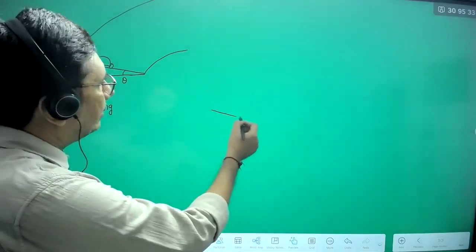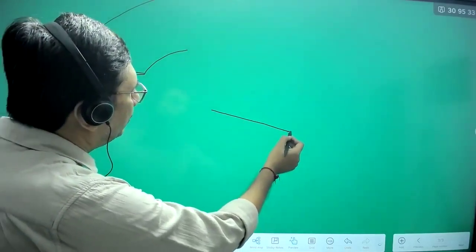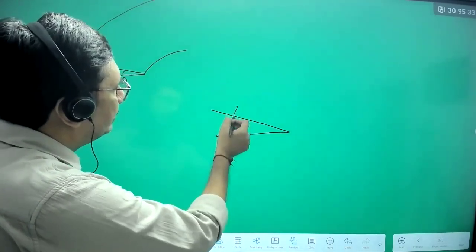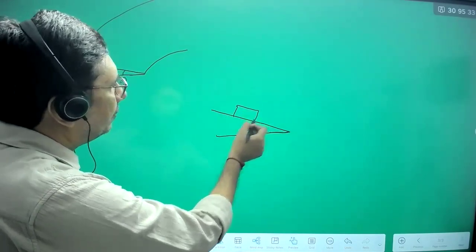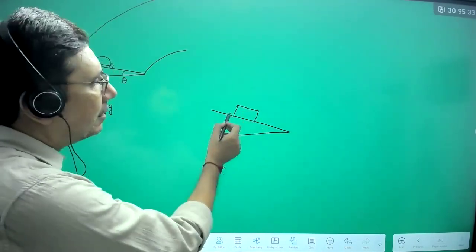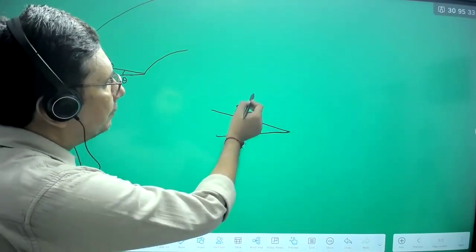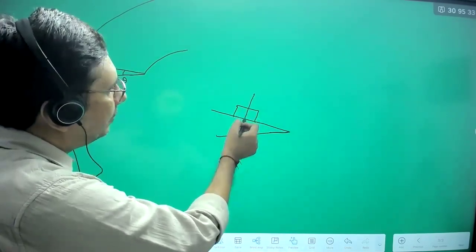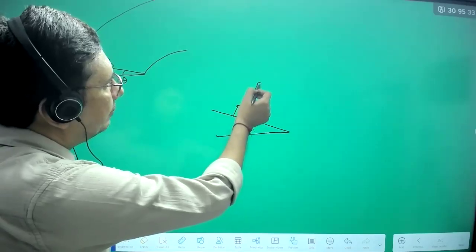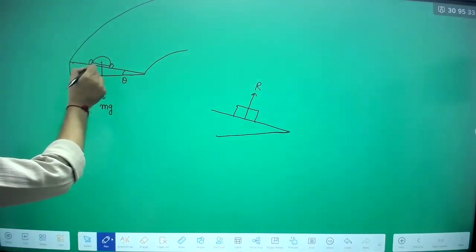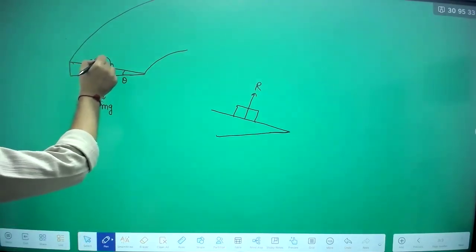It is like a ramp. Normal reaction is always perpendicular to the contact surface, so the normal will be perpendicular to this surface, like this.